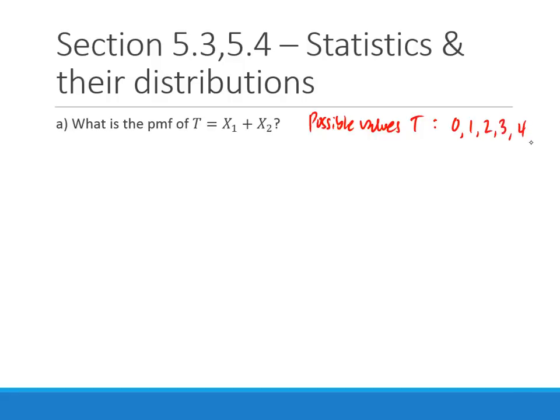We're looking at the total number of lights that he has to stop at on his way to and from work. That could be anywhere from 0 to 4. Okay, so now, similar to before, we can figure out the probability of each of these possible values. So the probability that t equals 0, well, that's the probability that x1 equals 0 and x2 equals 0.